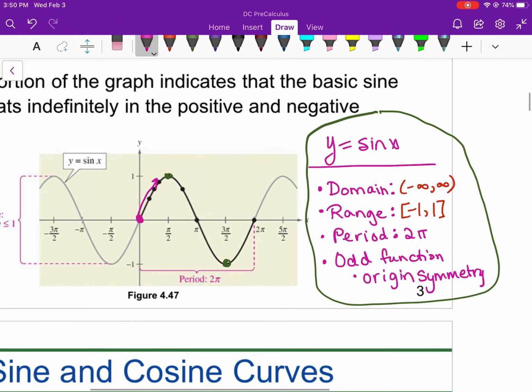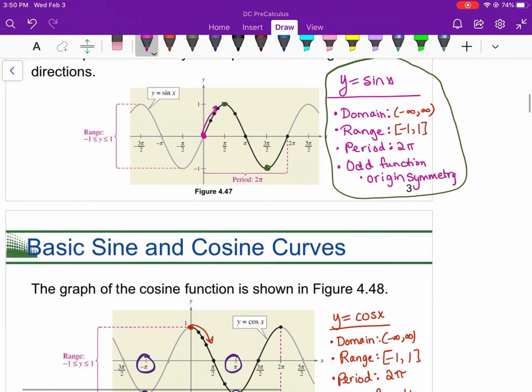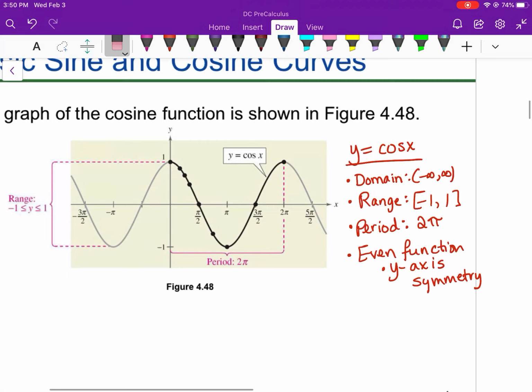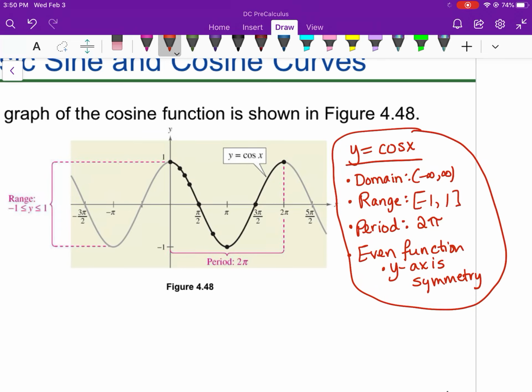In contrast to the cosine curve, you were supposed to have graphed cosine on your lab sheet, so we wrote down these details here. And we noticed that the only difference is cosine is an even function, so it has y-axis symmetry. Everything else is the same except that this curve starts up here at 0, 1.